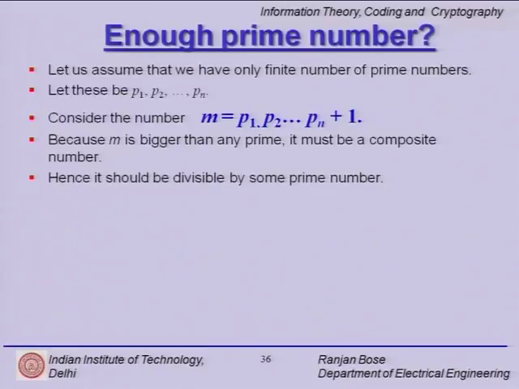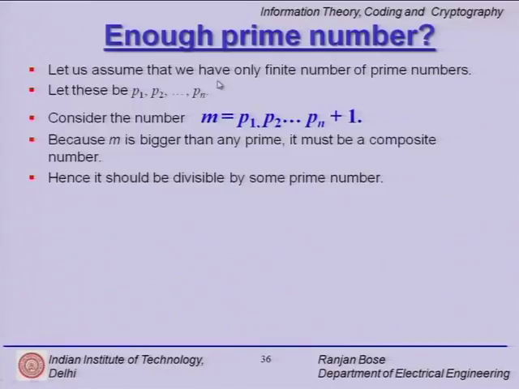If you look at the question of whether there are enough prime numbers, let us see whether they are enough or whether this is an infinitely large set. Let us assume that we only have a finite number of prime numbers, and let this set be p 1, p 2 up to p n. So, we have in this world only n prime numbers, that is the assumption.